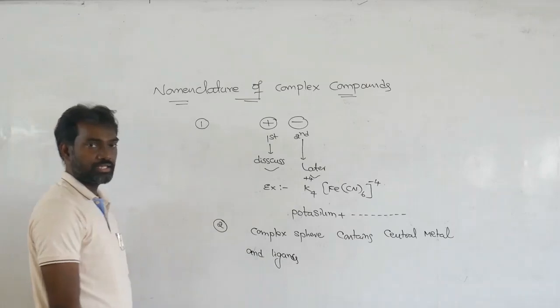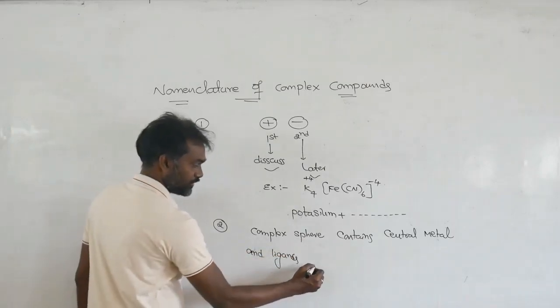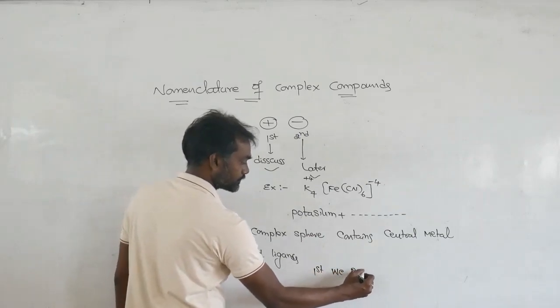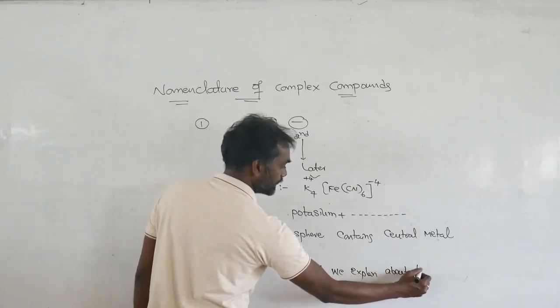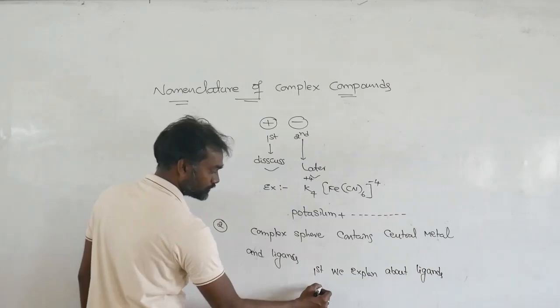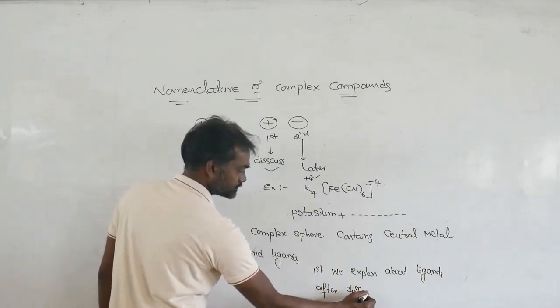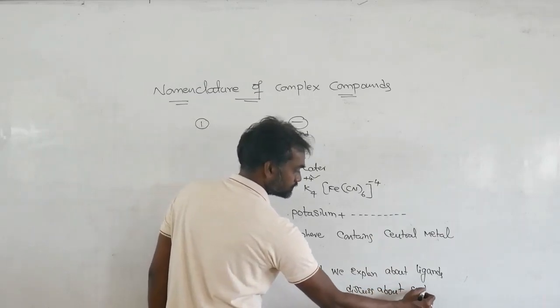While explaining the complex sphere, first you explain the ligands, after that you discuss the central metal ion.